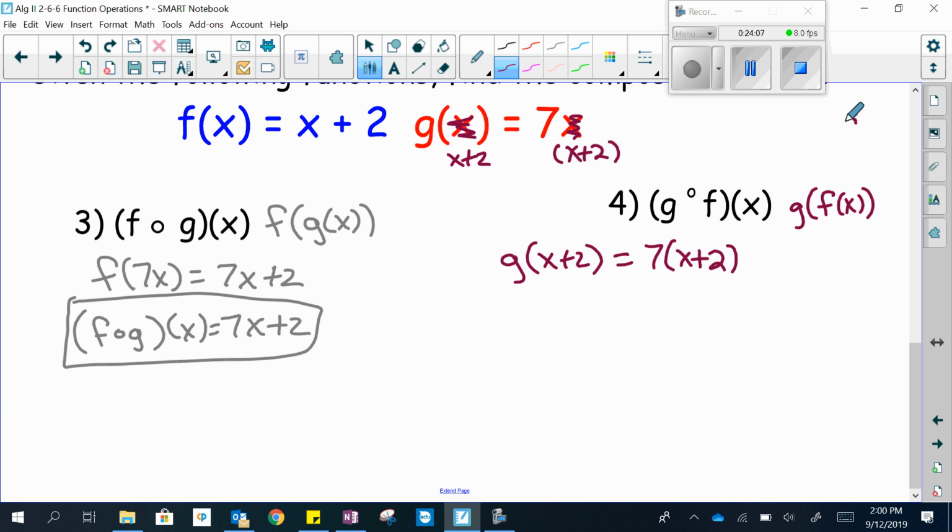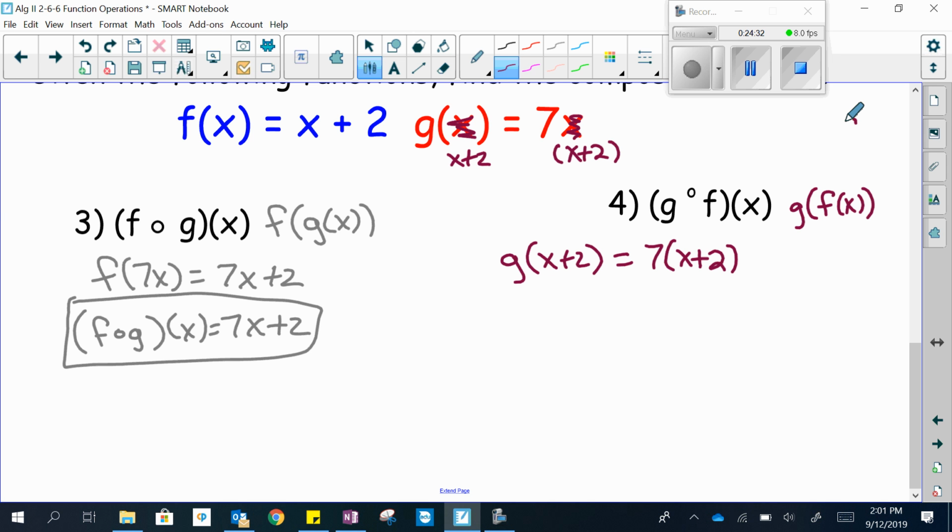F of x is x plus 2, as our input value for the g function. So anywhere in the g function there was an x, I take that x out and replace it with x plus 2. So the 7 is going to go there with parentheses, x plus 2.